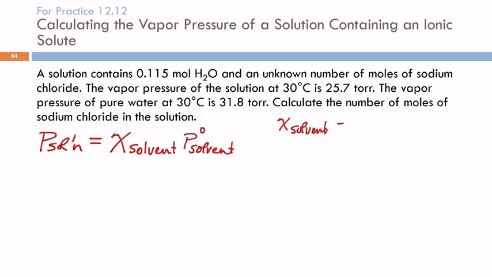So let's do that. The mole fraction of solvent is going to be the vapor pressure of the solution divided by the vapor pressure of the pure solvent. So we've got 25.7 torr divided by 31.8 torr.